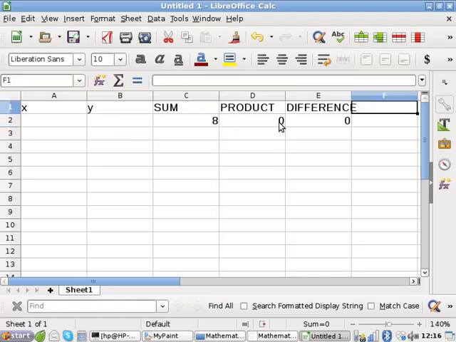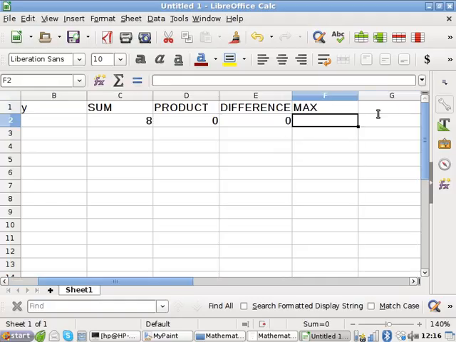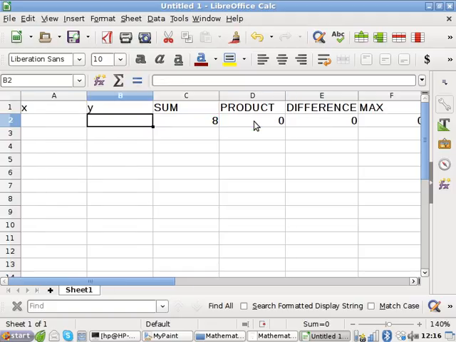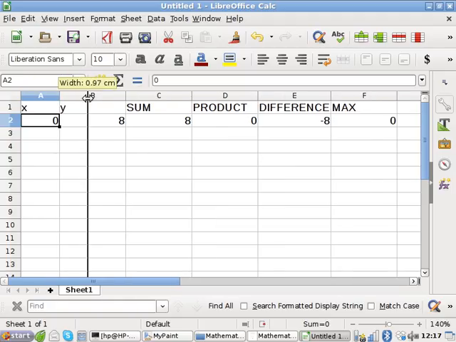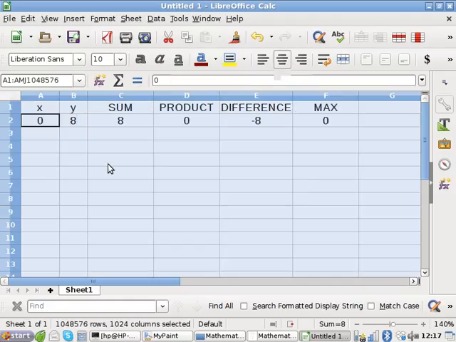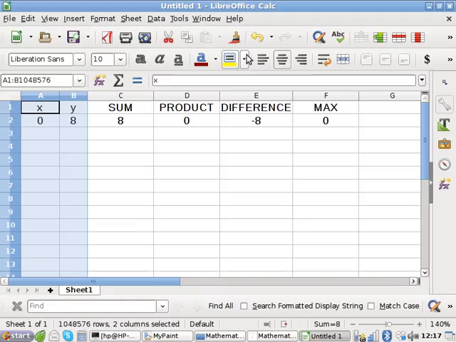And you want the product multiplied by their difference to be a maximum. And we kind of know what y is if we know x, because they have to add up to 8. So y is going to be 8 minus whatever the x is. So for example, if I start with x is 0, let me just shrink this a little bit. Okay, and these are the two things I can change.